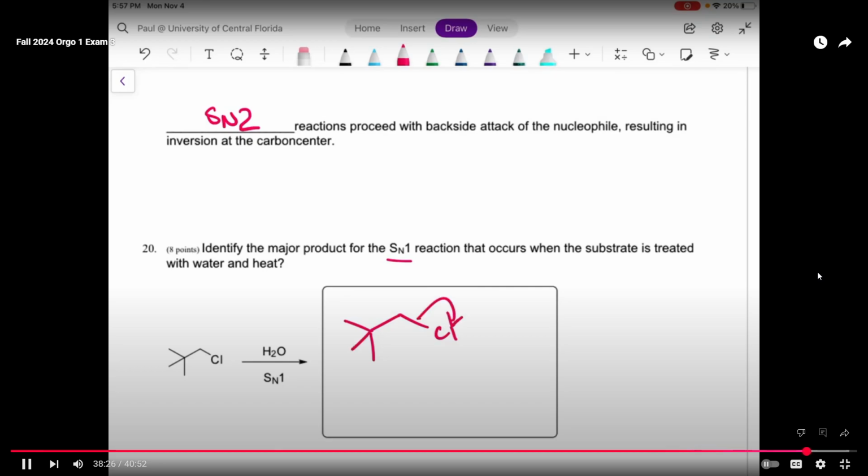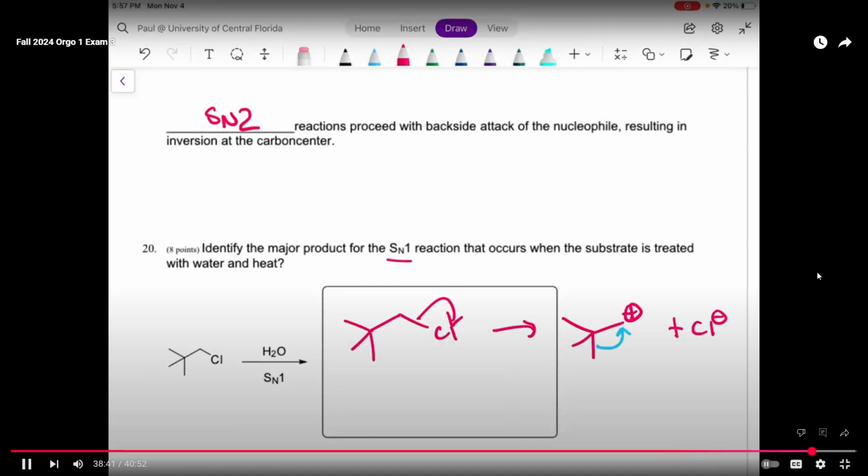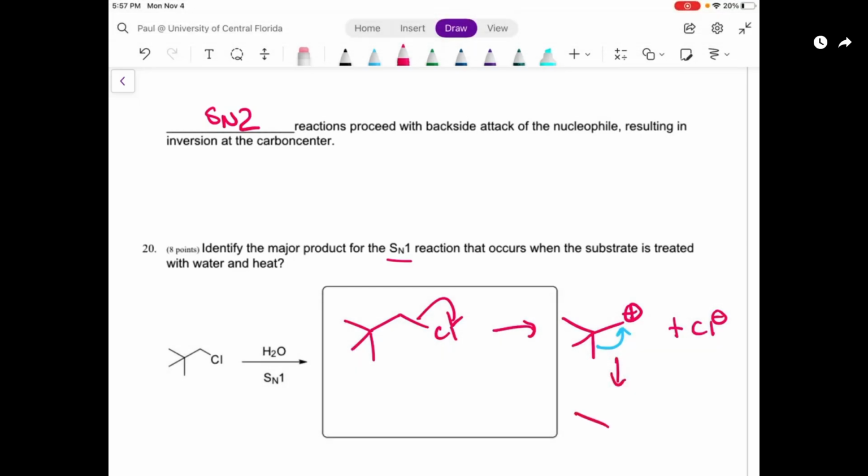The leaving group leaves, and then that turns into a primary carbocation. And then that primary carbocation does a 1,2 alkyl shift, right, like this. And the alkyl shift then would look like something like that.